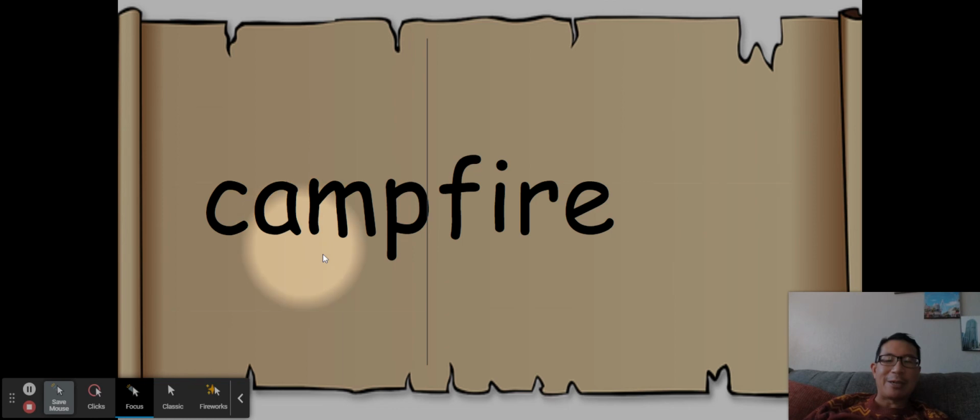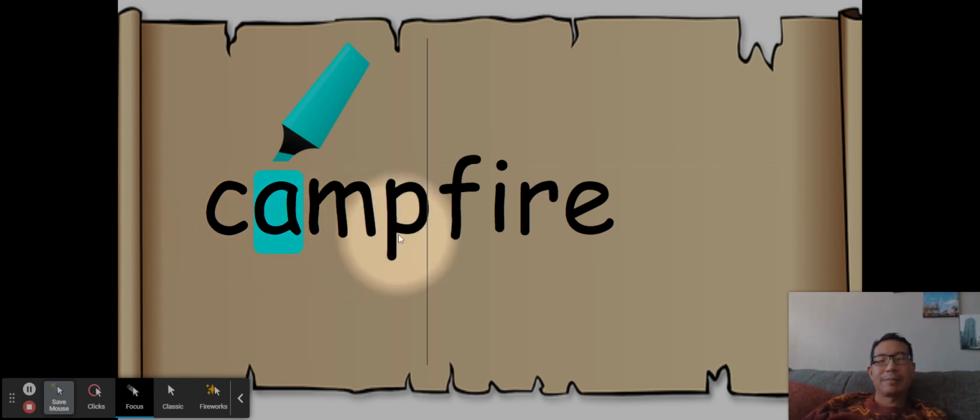Now let's try this one. Remember, there's another consonant blend right here. Usually this by itself says m and this by itself says p. But together they're going to say mp. So finding the vowel, A says a, and remember this consonant blend makes the A say a. So let's blend it: k, a, mp, camp. So camp, like summer camp.